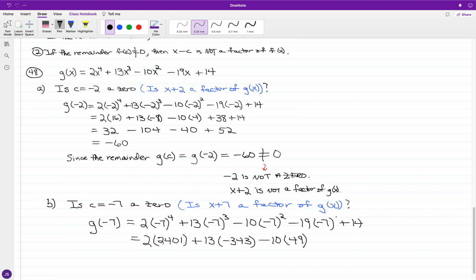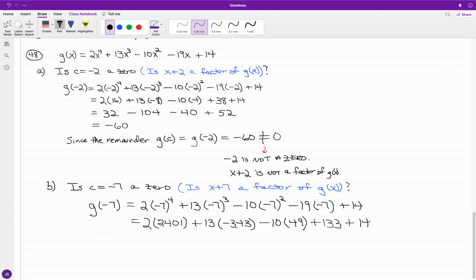Now negative 19 times negative 7 is going to be 133. And we have plus 14. And what's going to happen is that as we take the products and add together along with 147, after clustering together 133 and 14, ultimately this sum is going to come out to 0.